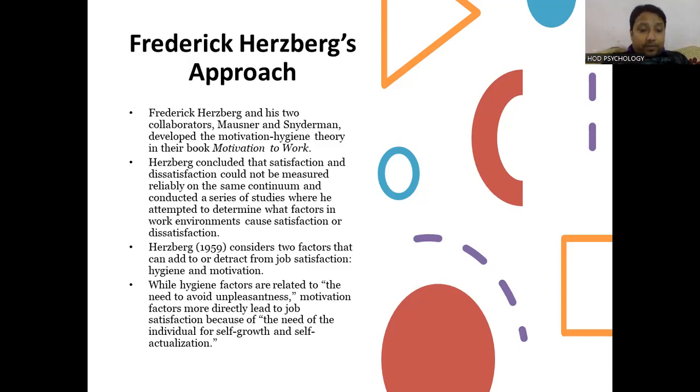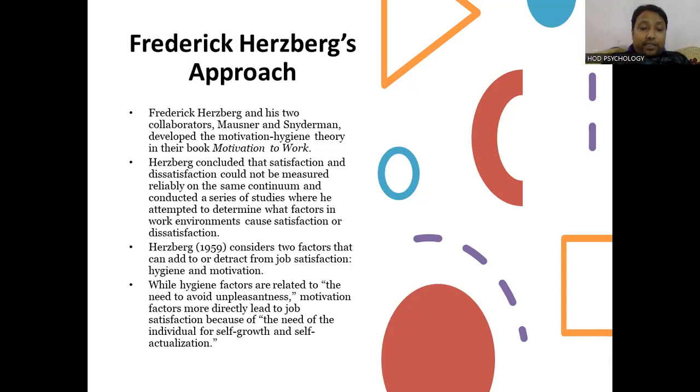Frederick Herzberg and his two collaborators, Mausner and Snyderman, developed the motivation hygiene theory in their book. The book title was Motivation to Work. This theory, the two-factor theory, was also influenced by Maslow's hierarchy of needs theory that we have already discussed.